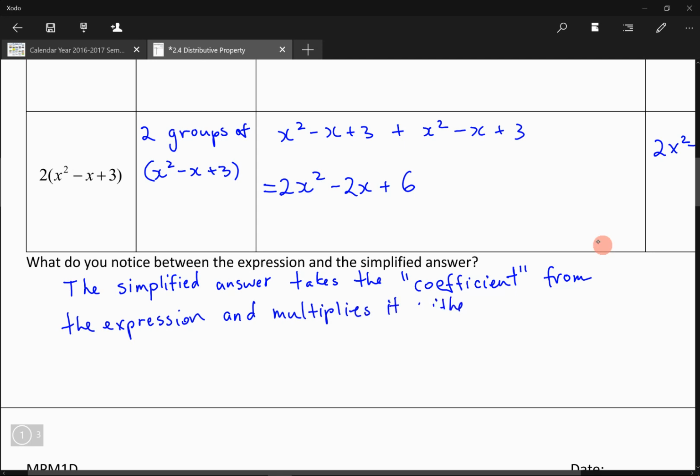Let's write that properly, with every term inside the bracket. Okay, and that's all the distributive property.